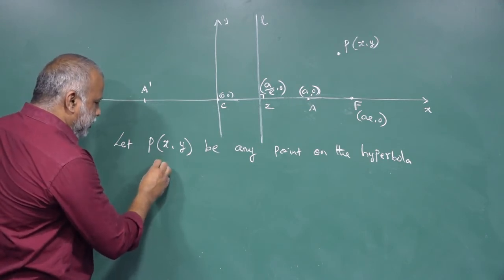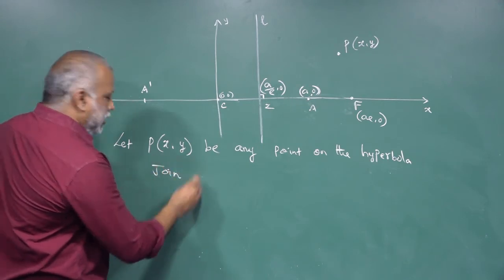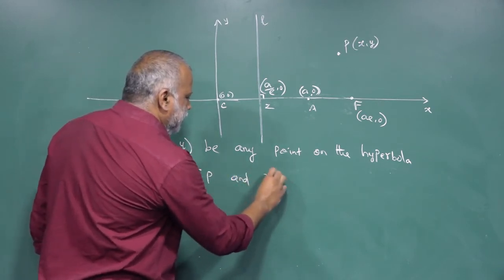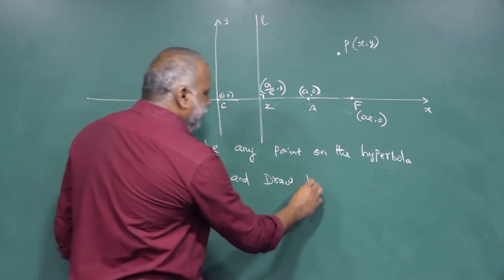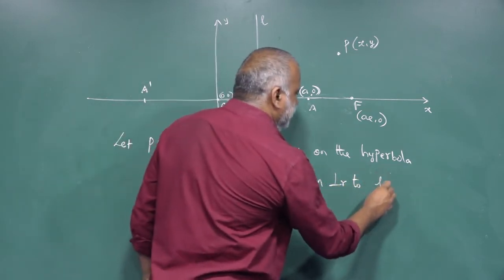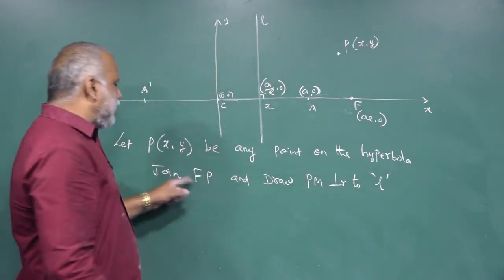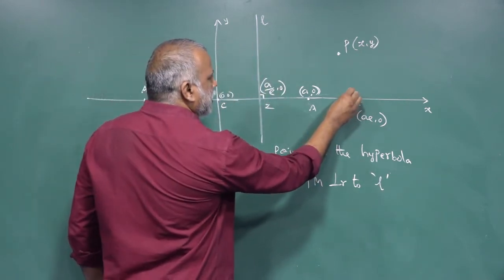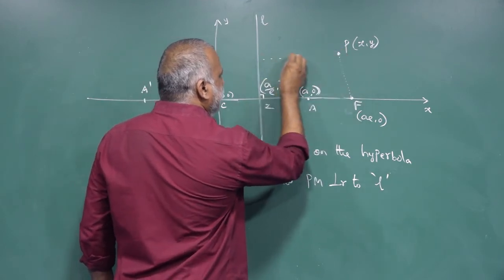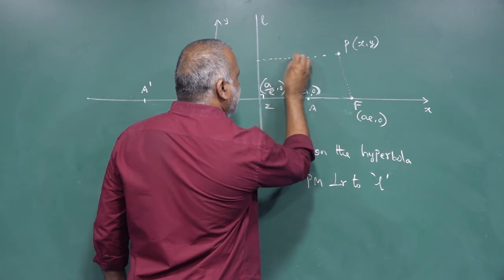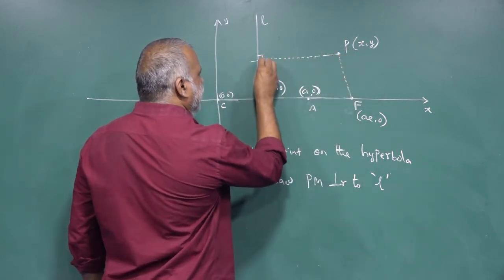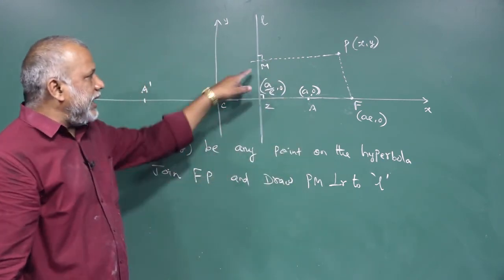Now join FP and draw PM perpendicular to L. So I am going to join FP and PM. PM is perpendicular to the directrix L.